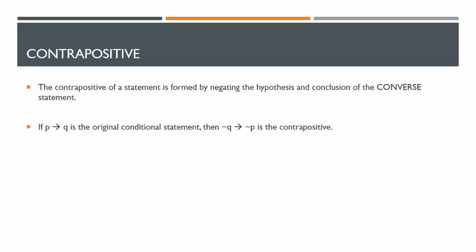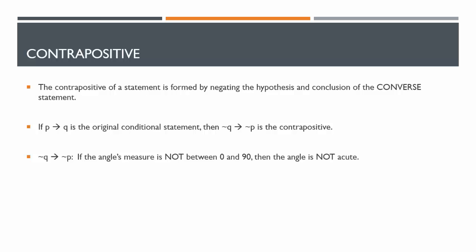The contrapositive is formed by negating the hypothesis and conclusion of the converse, or you could think about it as you switch statement P and Q and then negate both. So if P implies Q is our conditional statement, then not Q implies not P is the contrapositive statement.